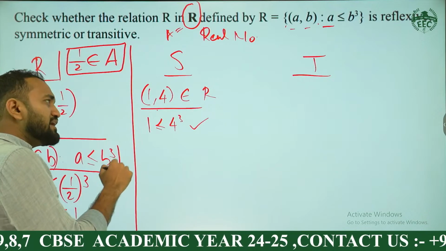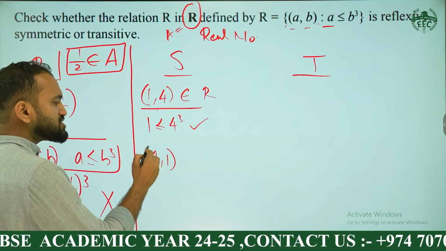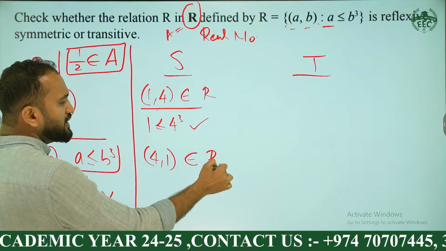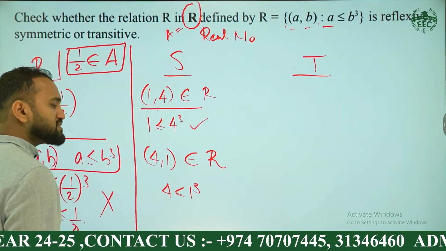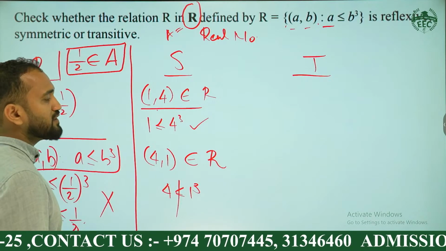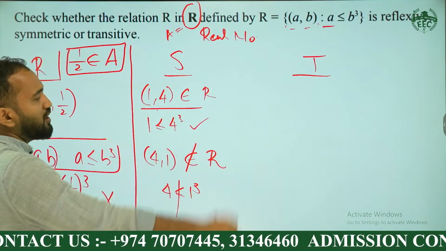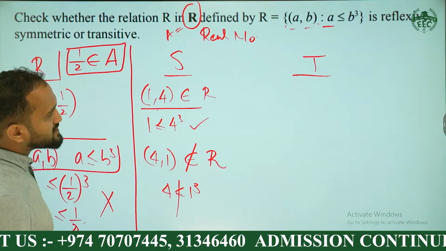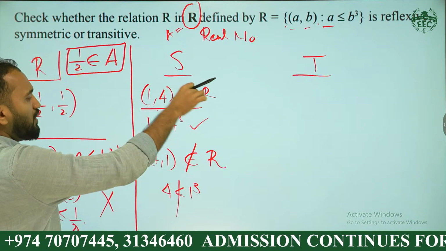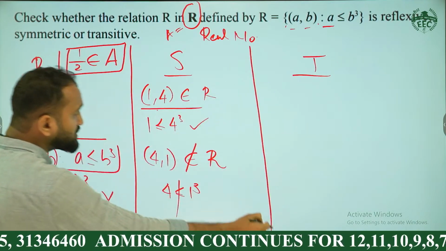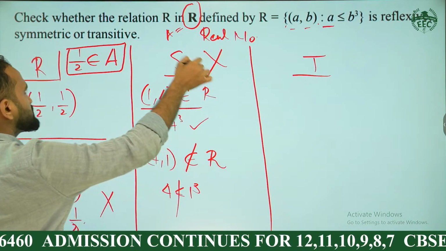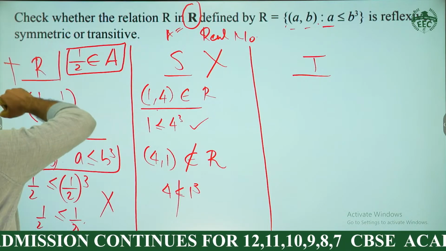Conversely, will (4, 1) be in the relation R? For that, 4 should be less than or equal to 1 cube. Is this condition true? No, this cannot happen. Therefore (4, 1) does not belong to R. So (1, 4) belongs to R, but its symmetric pair (4, 1) does not belong to R. Therefore the relation is not symmetric. So we found not reflexive, not symmetric.